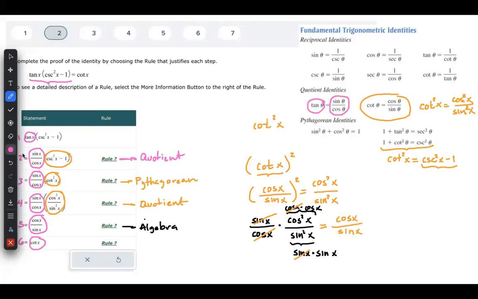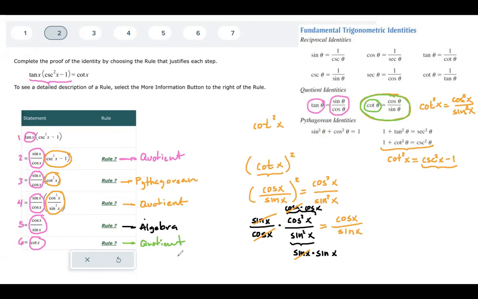So we're simply going back to this identity of cosine over sine becomes cotangent. Anytime you see cosine over sine, you can make it cotangent, and that simply is the quotient identity. So those would be the rules that led to getting a cotangent.